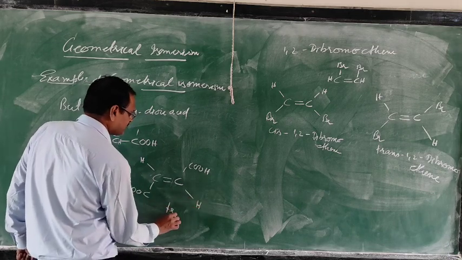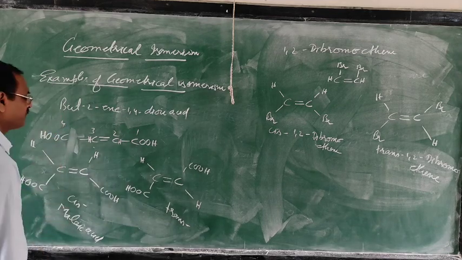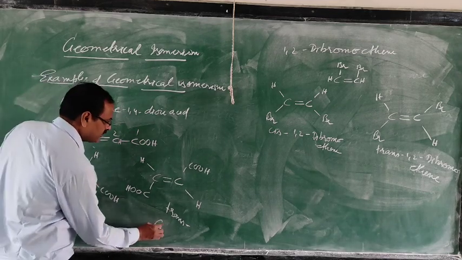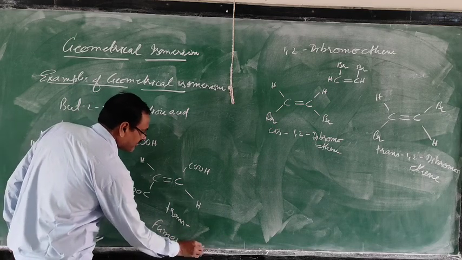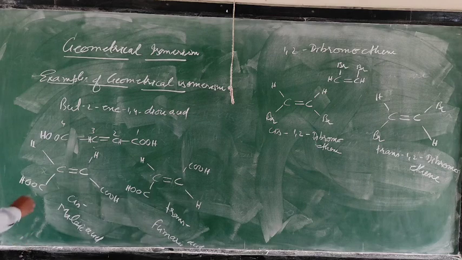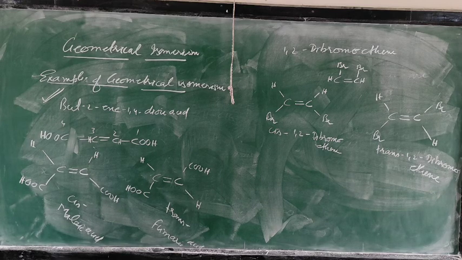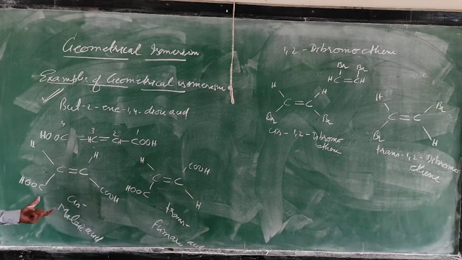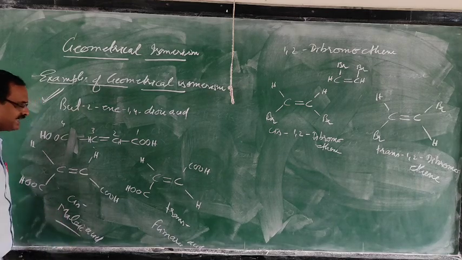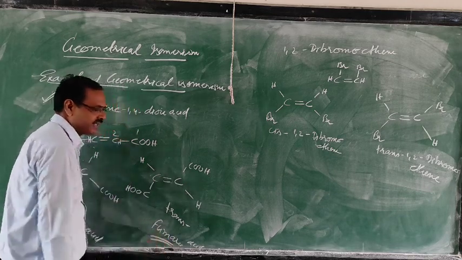So this one is trans but-2-ene-1,4-dioic acid. This is called fumaric acid. So this is important. They may ask you to draw the structure of maleic acid and fumaric acid. Maleic and fumaric acid are coming from the same compound. When you take the cis isomer, it is called maleic acid, and when you take the trans isomer, it is called fumaric acid.